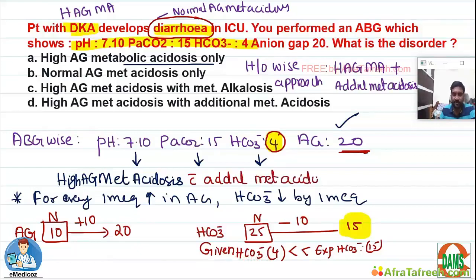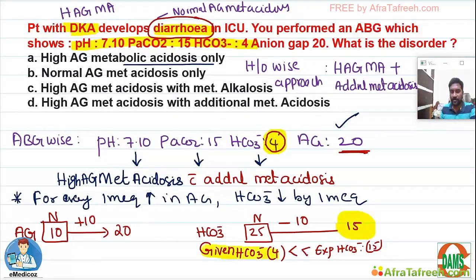This additional metabolic acidosis is due to diarrhea, and it is usually a normal anion gap metabolic acidosis. So the point to understand here is, if it was only a single high anion gap metabolic acidosis, bicarbonate should have stayed at 15. But in the question, it has decreased to 4.